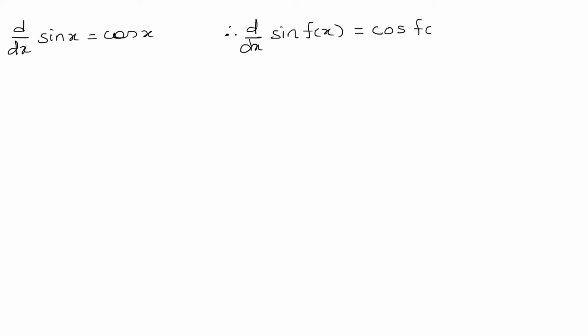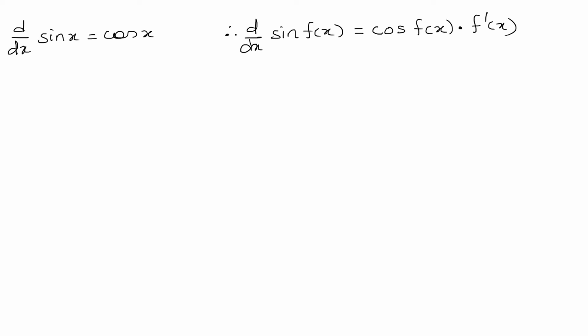See, you have studied some formula like derivative of sine x, and you know derivative of sine x is cos x. But now if derivative of sine of f of x is asked, f of x is some function of x, it is not just x, then derivative of this is cos of f of x into f dash of x.